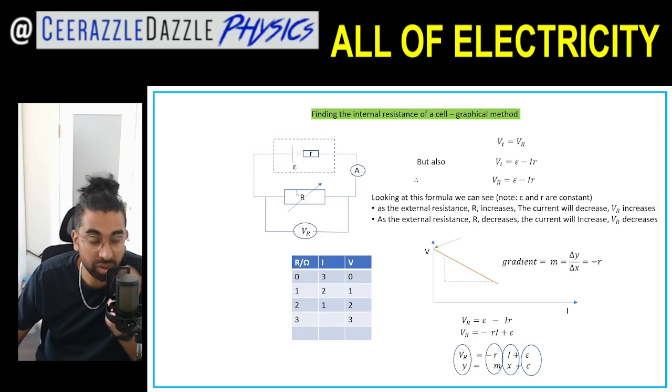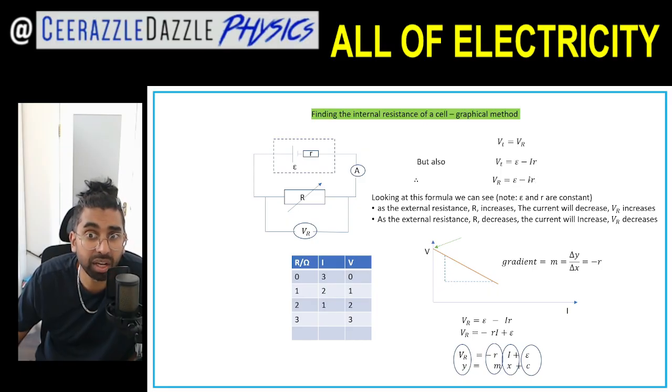Now, as you increase this, don't forget there's an arrow going through it because it's a variable. As you increase the external resistance R, the current in the circuit will drop down. Look carefully. If the current in the circuit drops down, this value, I times r, will get lower and lower because the internal resistance is constant. That won't change. The EMF won't change either.